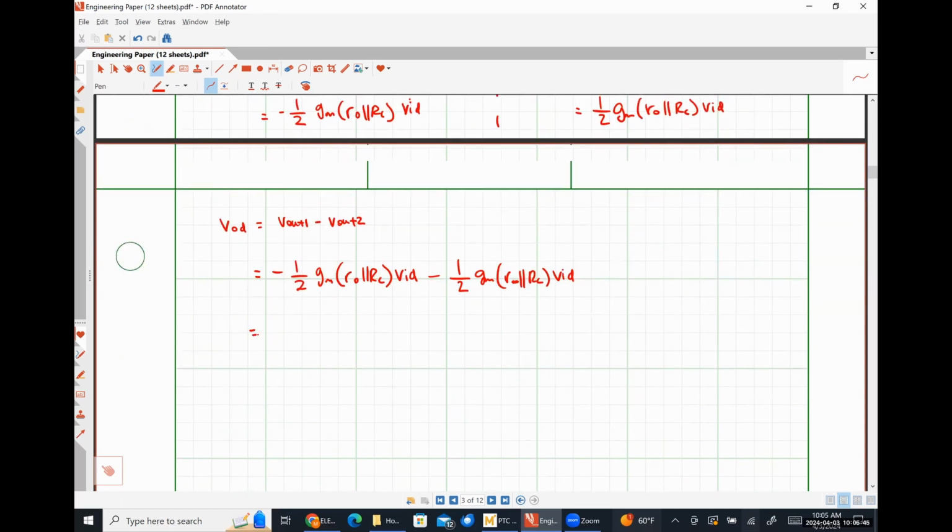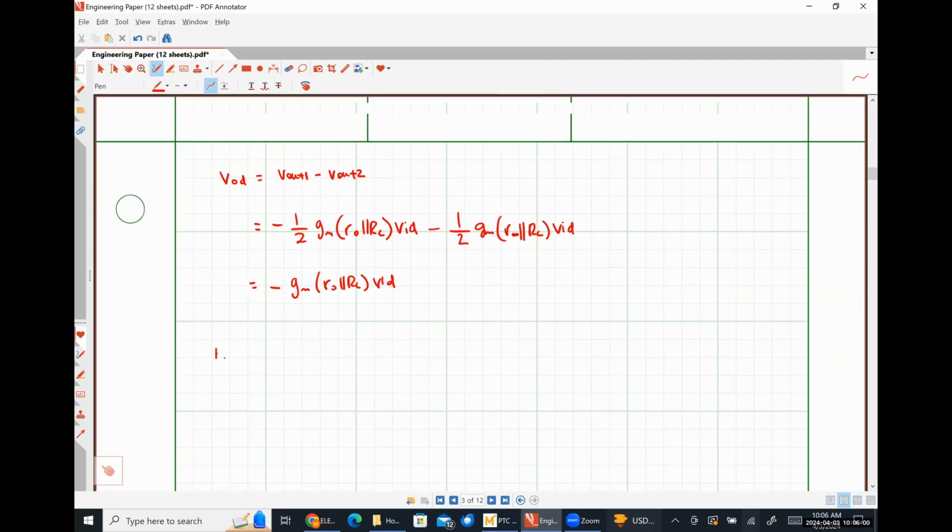So taking those two identical terms together, we're going to get rid of the factor of 1/2. Negative GM R naught in parallel with RC times VID, and our differential mode voltage gain would just be the ratio of VOD over VID is negative GM R naught in parallel with RC.